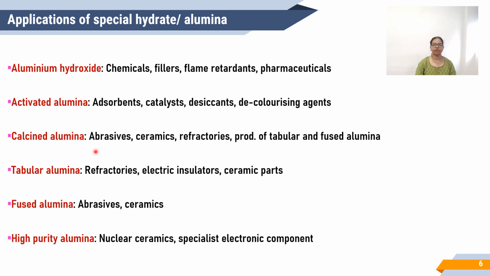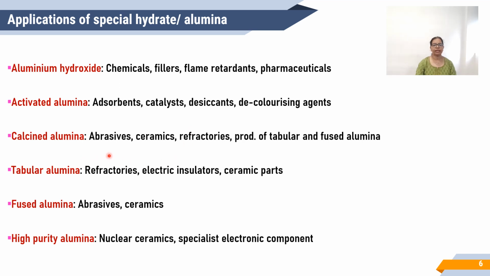If you see the details of applications of special hydrate and alumina, aluminium hydroxide is basically used in chemicals, fillers, flame retardants and pharmaceuticals. They are used as antacids. Activated aluminas are used as adsorbents, catalysts, desiccants and also decolorizing agents.